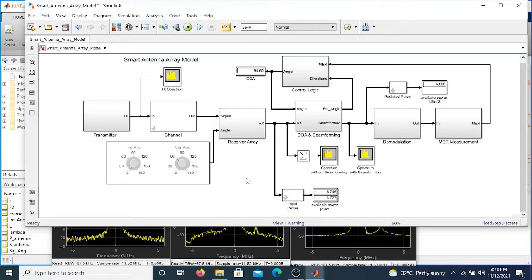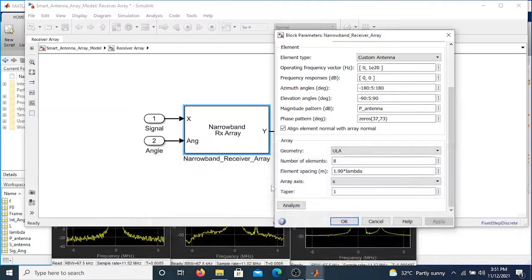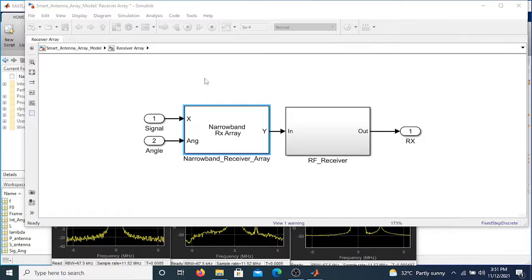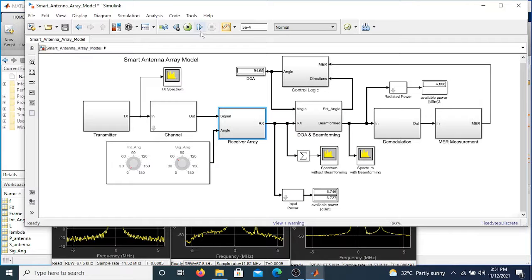With that being said, we now further increase the inter-element spacing to 1.9 lambda and observe the differences. After the increment from 1.85 lambda to 1.9 lambda, we again run the simulation and observe the results.